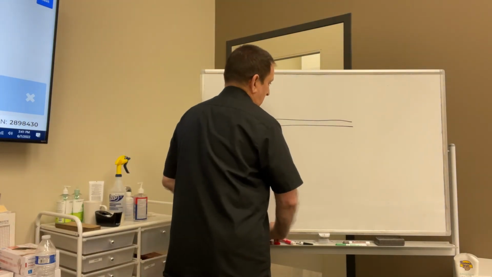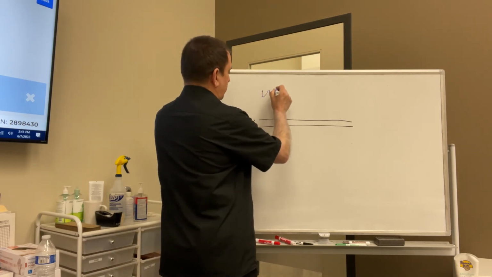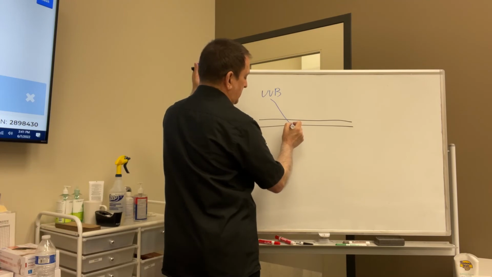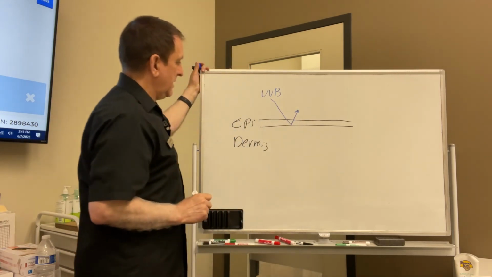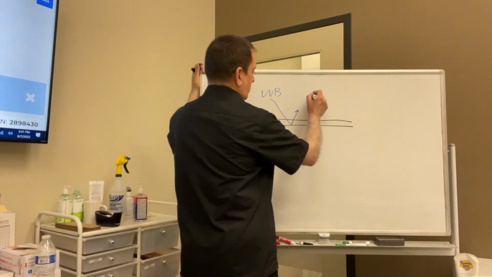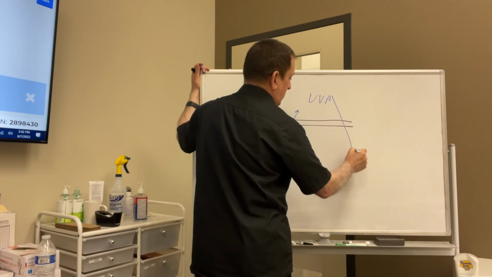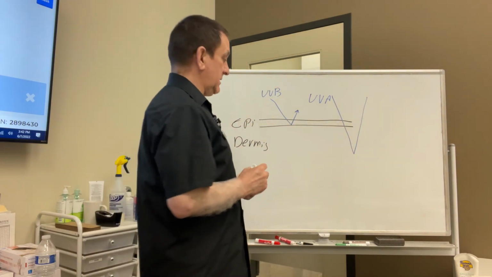So when we have UVA and UVB, UVB only goes to the very superficial layer of the skin. Only here. On the other hand, UVA goes deep inside the skin, to the dermis layer.